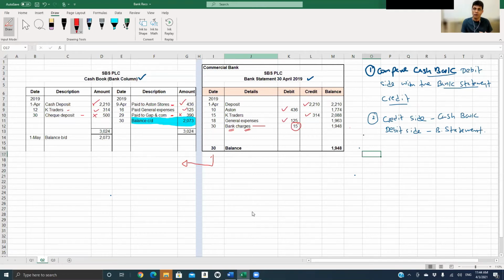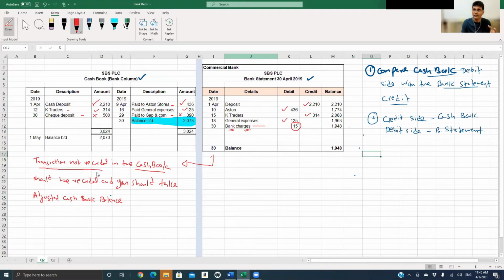So therefore, very important: any transaction not recorded in the cash book should be recorded, and you should take the adjusted cash book balance. What does it mean? This bank charge of 15 was not recorded in the cash book because at the end of the month, the accountant did not know how much the bank charges would be.